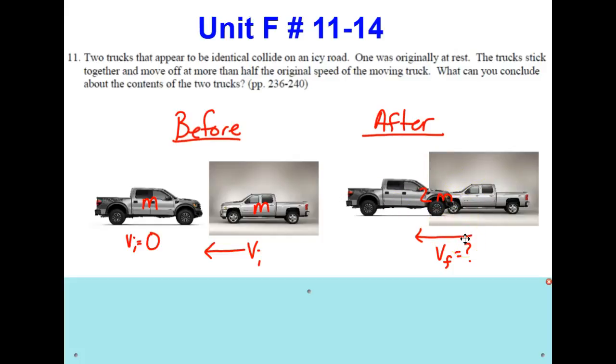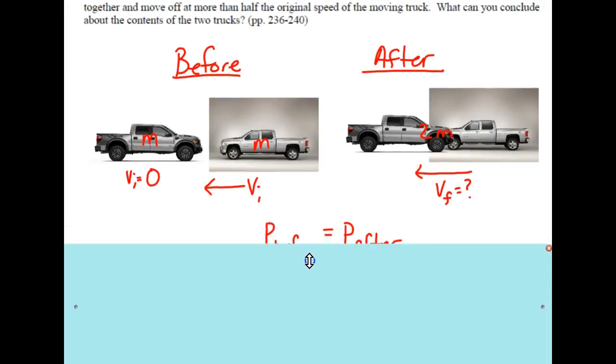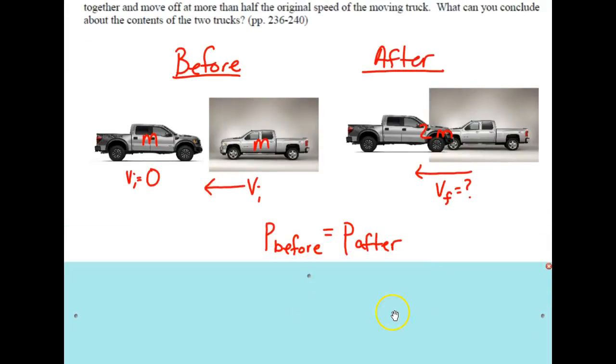The problem says that the final velocity is more than half the original speed of the moving truck. But what we're going to do in our scenario is find what the final velocity should be so that we can try and answer the question here. We start with our conservation of momentum statement, P before equals P after.